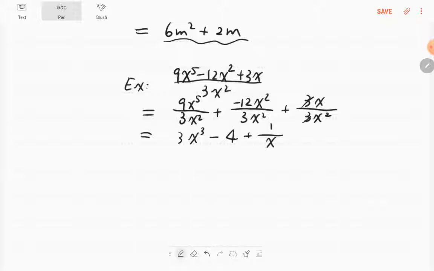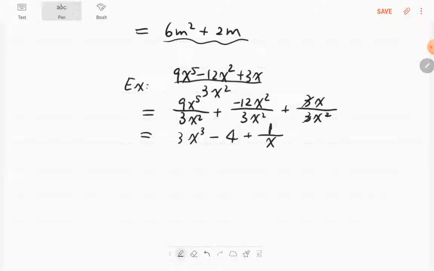When we check the quotient here, we realize the answer is no longer a polynomial. Because remember, when we talk about the polynomial, we know the exponent or the power can only be a whole number, never a negative number or fraction, right?